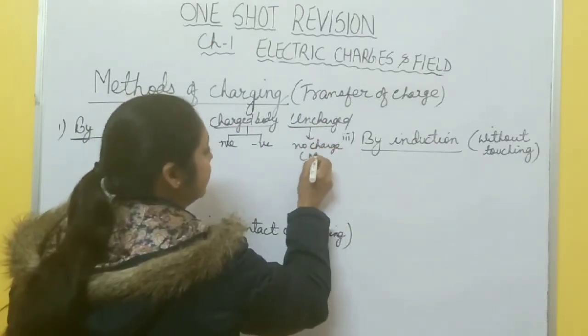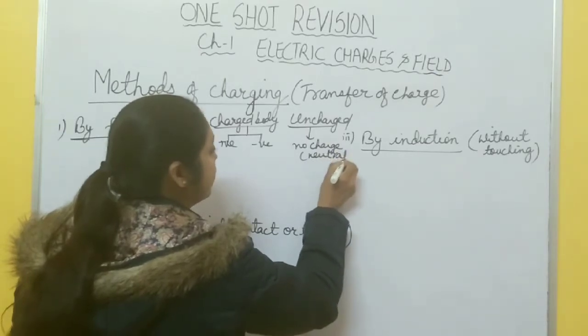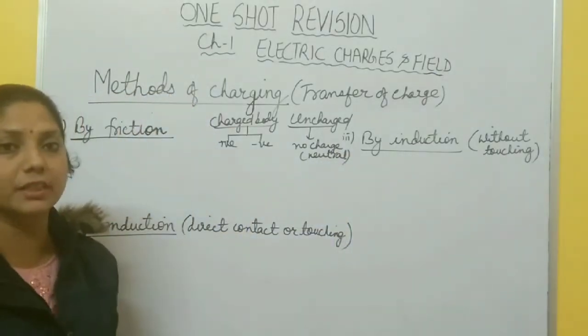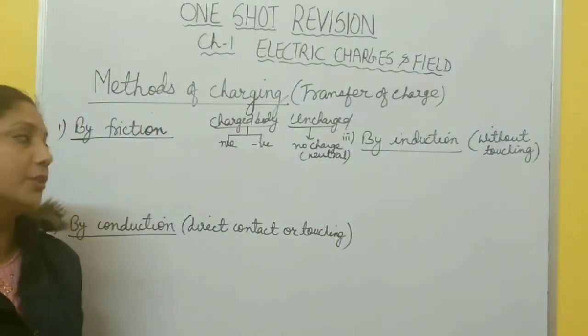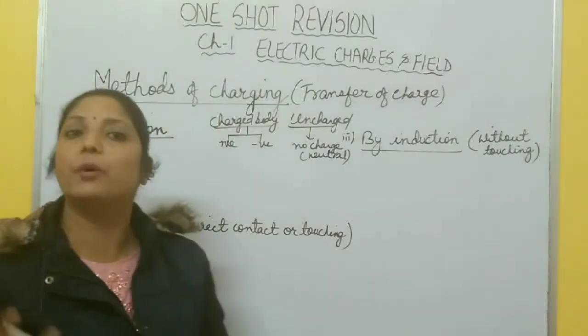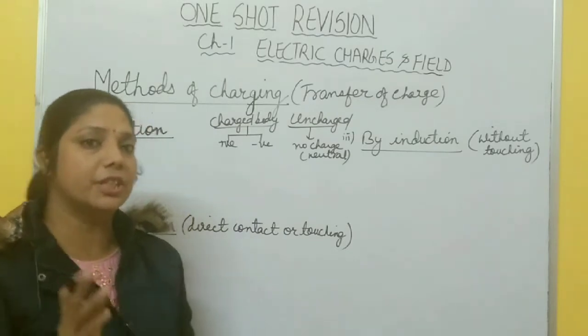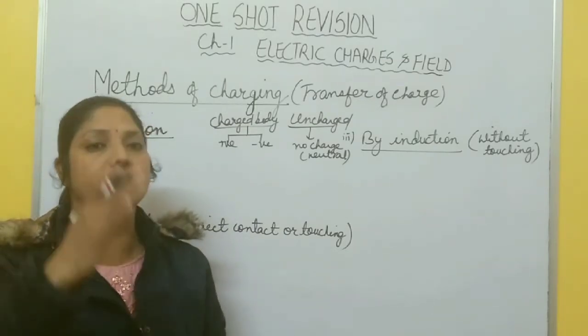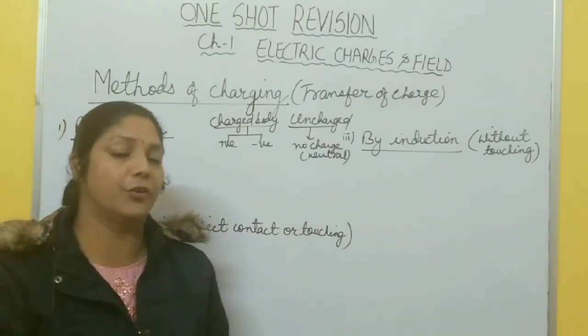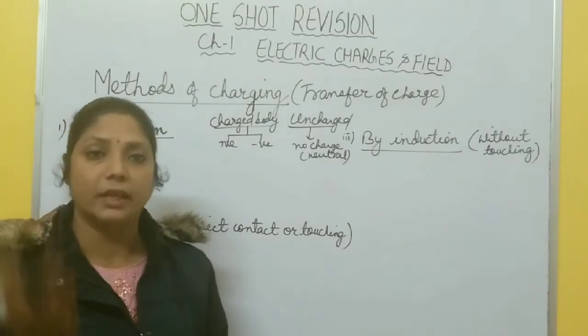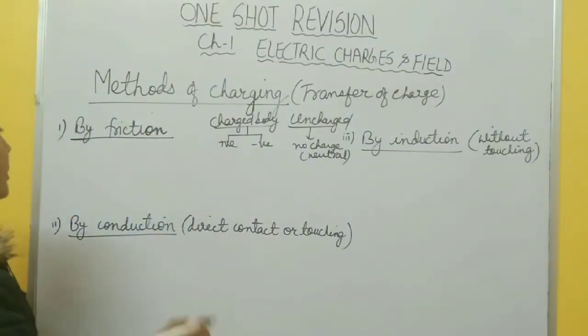Net positive charge is equal to negative charge and total charge becomes 0. And you know that every body is neutral. So, a neutral body can be charged by transfer of charge, or you can say electrons, from one body to another body. And for this, there are different methods of charging.